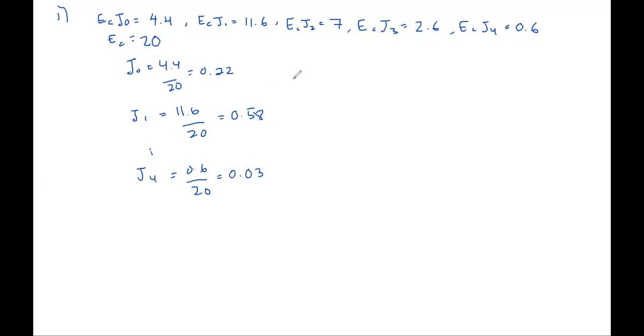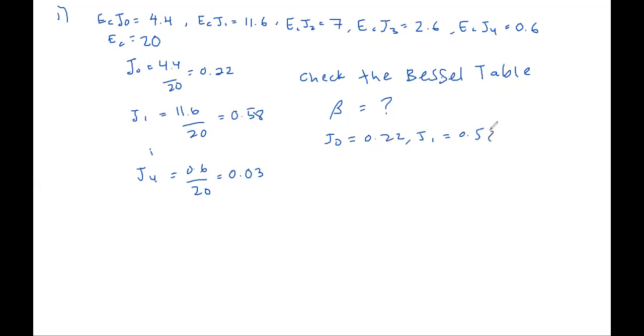What you can do is check the Bessel table: what is the modulation index for J naught equal to 0.22, J1 equal to 0.58, up to J4 equal to 0.03.